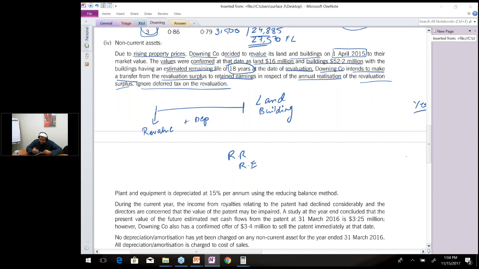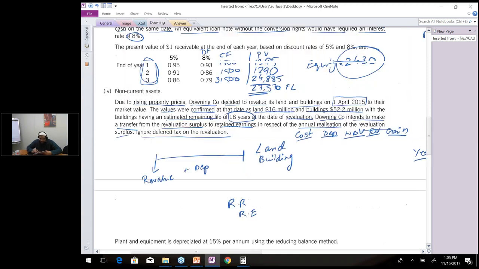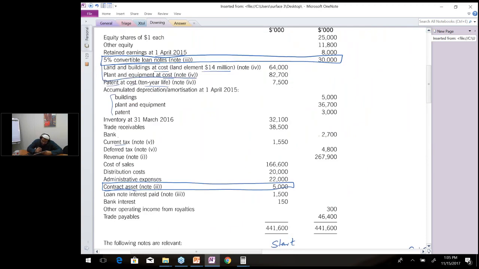Okay, now let me see the values in the trial balance, and I'm going to check the net book value of these: the cost, the depreciation, and the net book value, and then the fair value, and then the gain. So if I move towards the trial balance to see the cost and the depreciation, the cost is land and building at cost 1464.